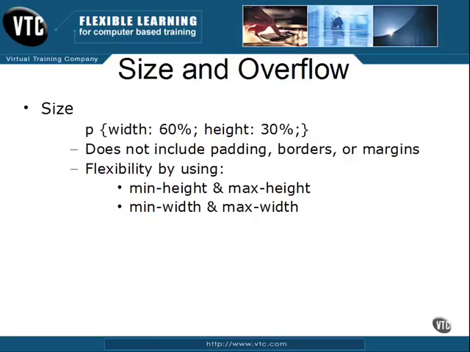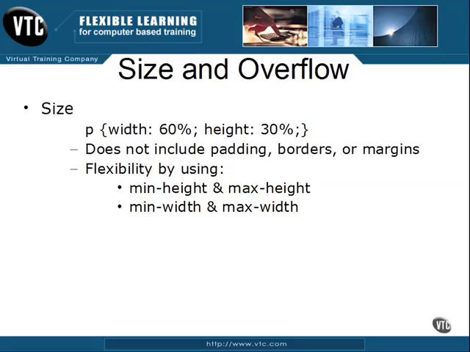Now, our min versions are going to specify the minimum height or width that our design will scale down to, at which point it will stop scaling and you're not going to be able to resize our content any further. On the flip side, we have the max versions of our height and width that will specify how large our design will scale out to.